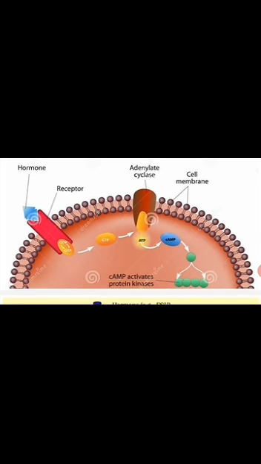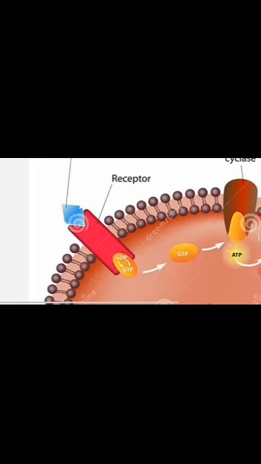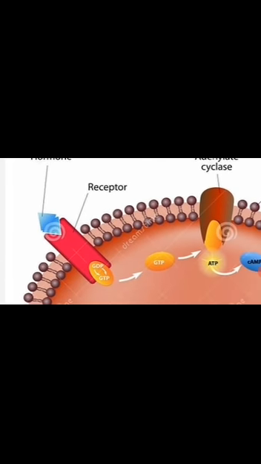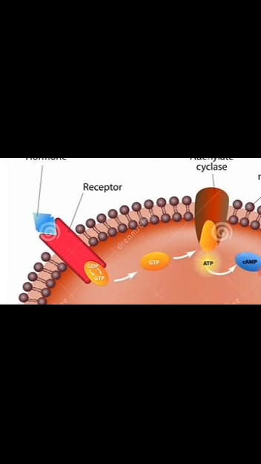The cell membrane is a bilipid layer, so hormones that are not lipid soluble do not directly enter inside the cell. What they do is bind with the receptor which is present on the cell membrane. You will find that this is the hormone, and this red part shown over here is the receptor.